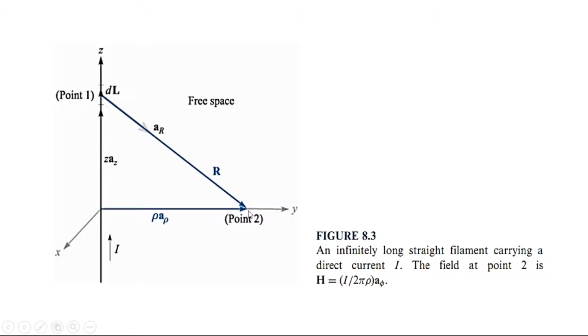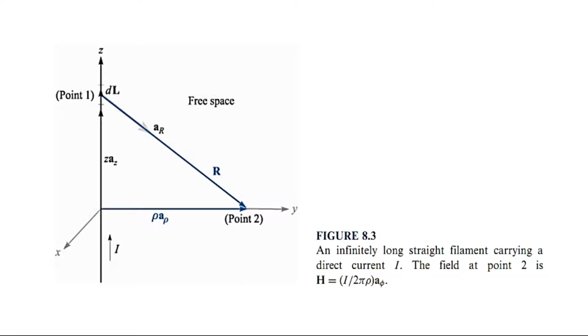If the magnetic field intensity in equation 8.2 is desired, we need to find its unit vector a R, because at this point the magnetic field intensity is directly proportional to the product of the current and the differential length, and the sine of the angle between the differential length and the point at which we want to find the field.